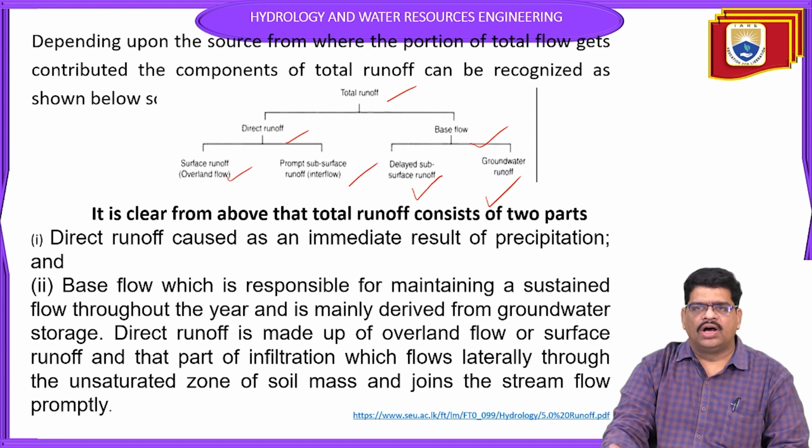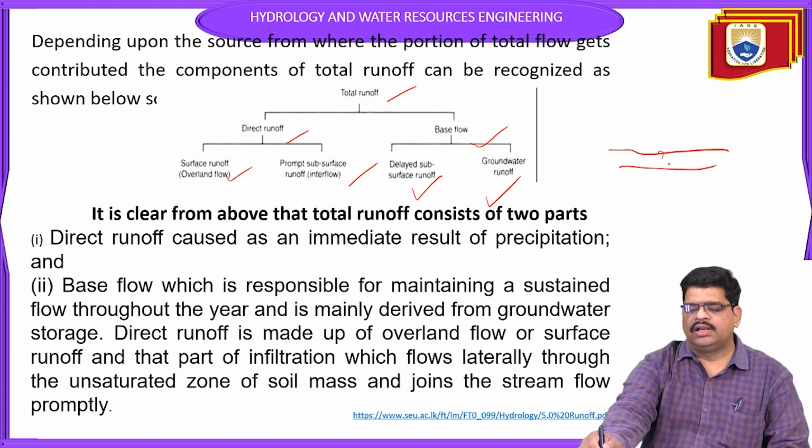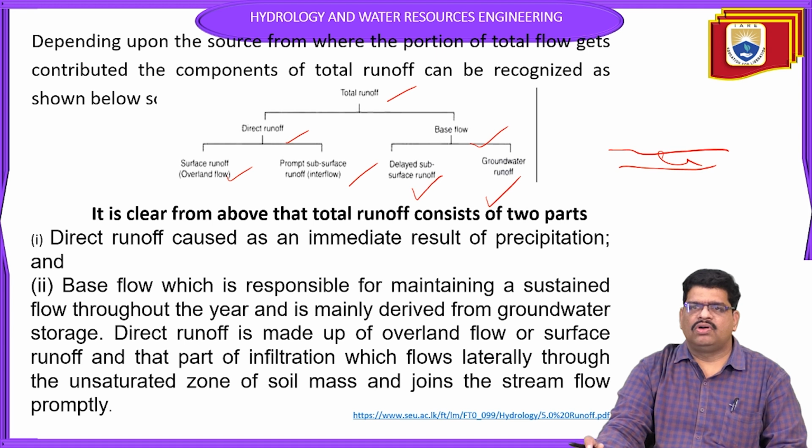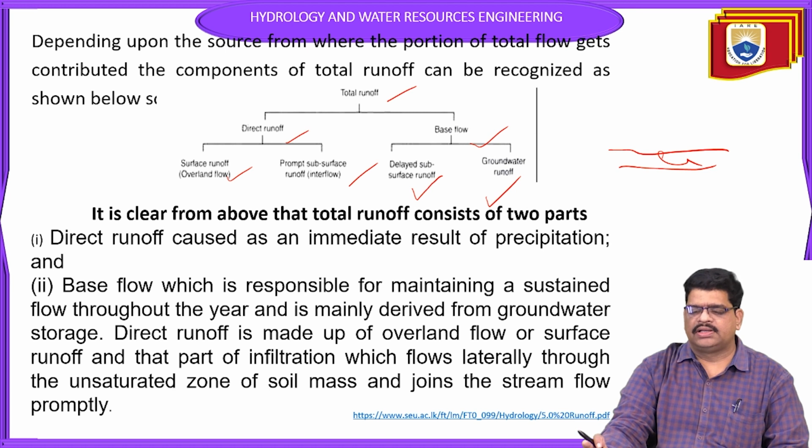Direct runoff is the immediate result of precipitation, because it flows above the ground level. Next, base flow is responsible for maintaining the sustainable flow of water, slowly, mainly from groundwater. The direct runoff is made up of overland flow and surface runoff, and part of infiltration which flows laterally in the soil zone promptly.